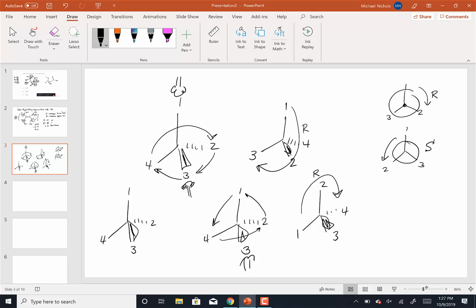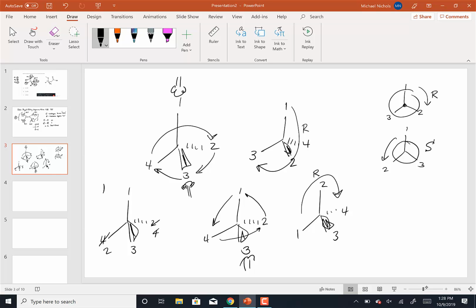And if you do that, the configuration at the beginning will end up the same as the configuration at the end. So right now, I know that's R, but if I didn't know that's R, I could say, I'm going to switch 2 groups on this molecule, my goal being to put number 4 on a dashed wedge. 2 and 4.